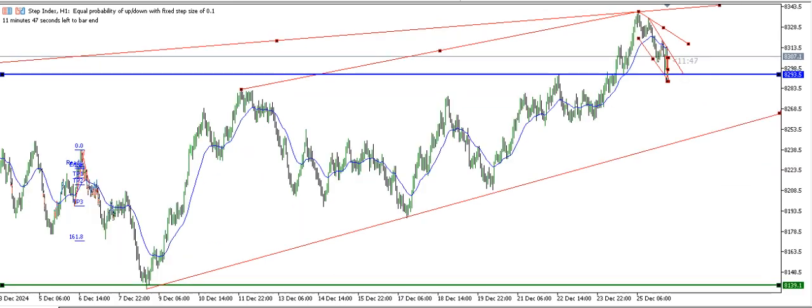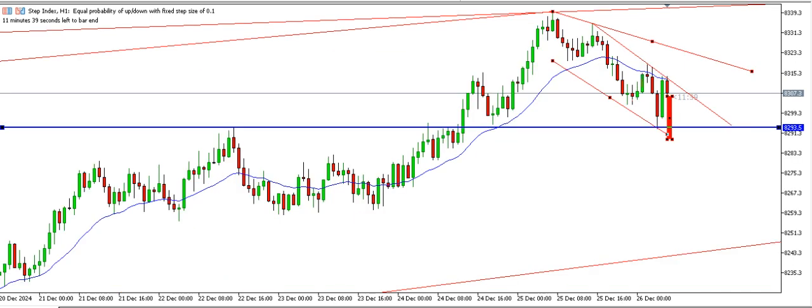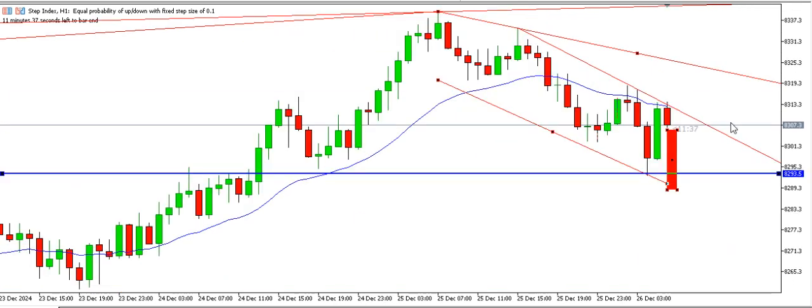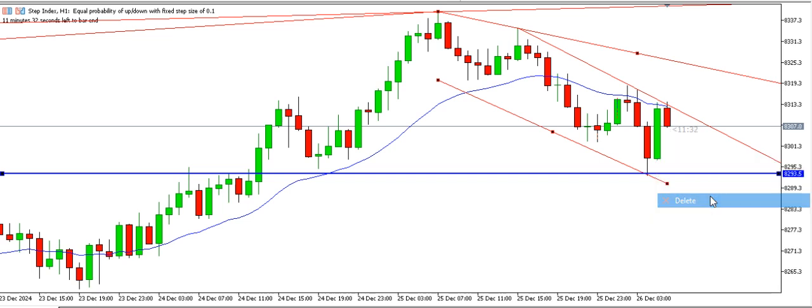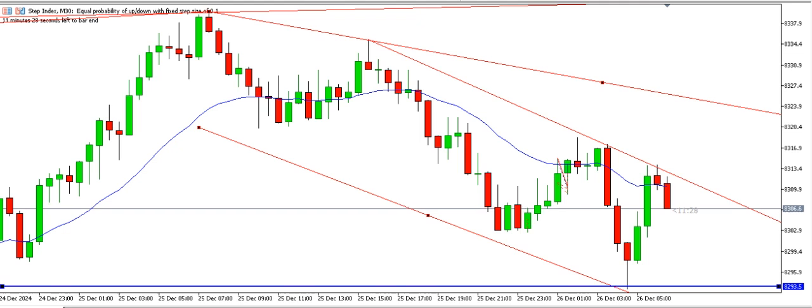It was plotted around here. Price might find support somewhere around there if it's going to drop. But the likely direction for step index right now is bullish for now, until we see a drop or a breakout.